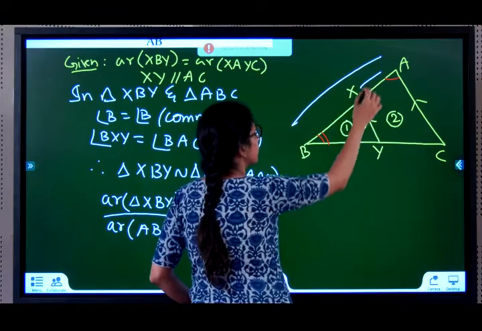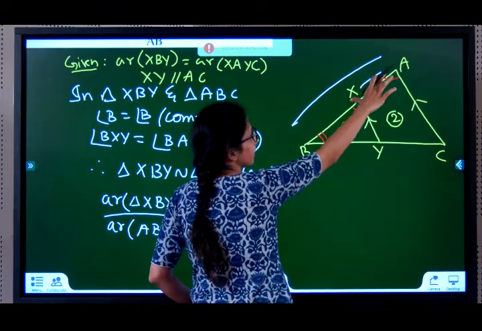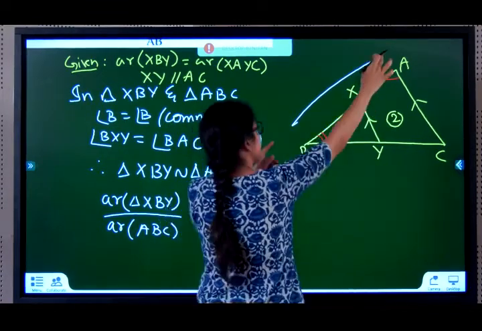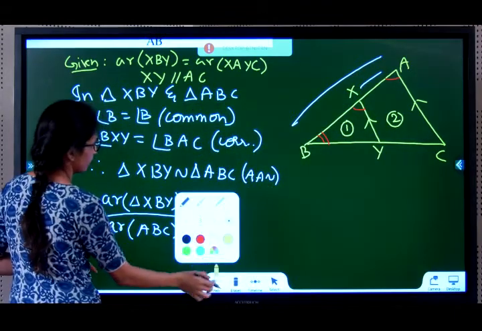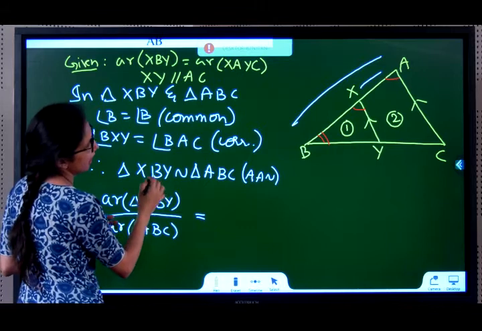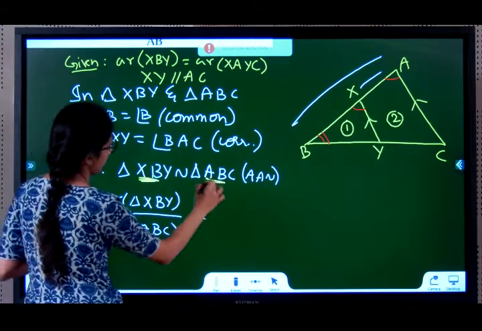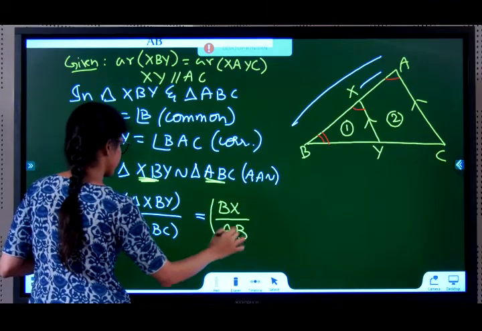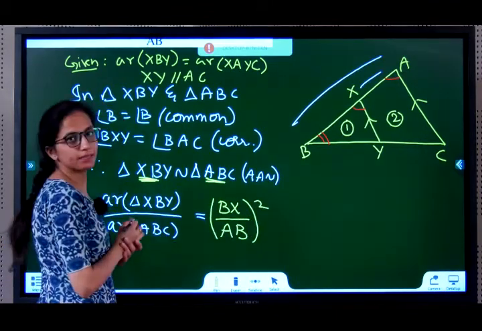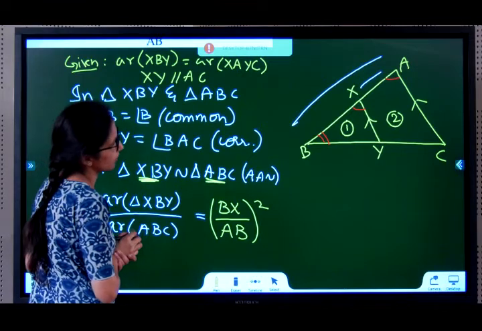I am worried about AX and AB, but I don't have AX. So I can take BX by AB. BX comes from here. There is no AX here. I can only take BX. So I can say BX by AB the whole square.